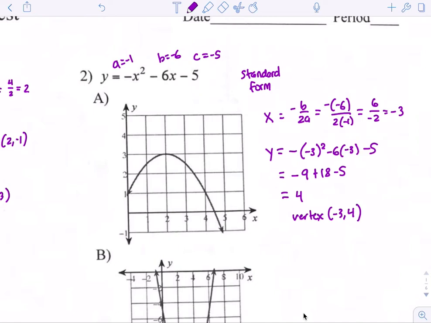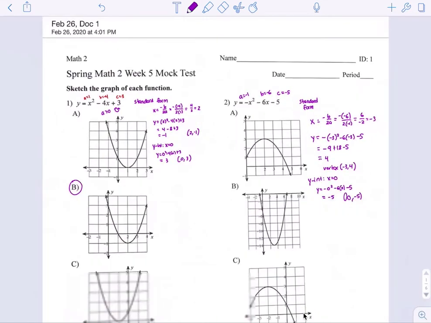And if you guys just found your y-intercept for this, right, x is equal to 0. So that means your guys' y-intercept is negative 0 squared minus 6 times 0 minus 5, which is just negative 5. 0, negative 5.